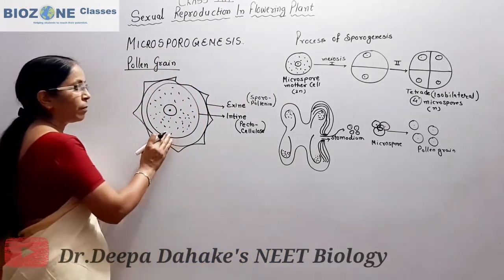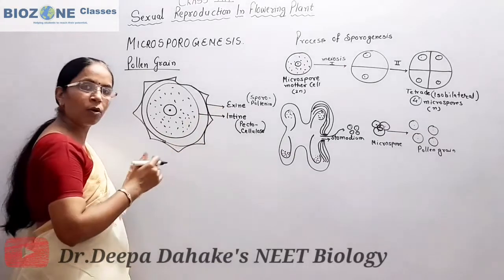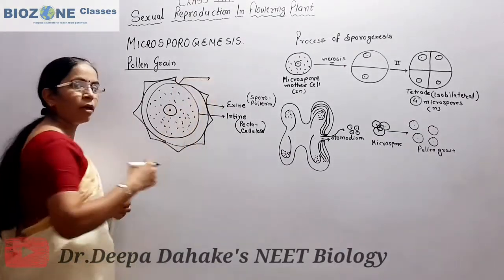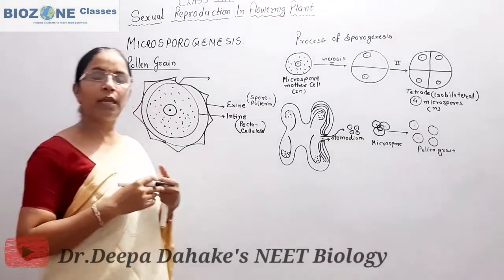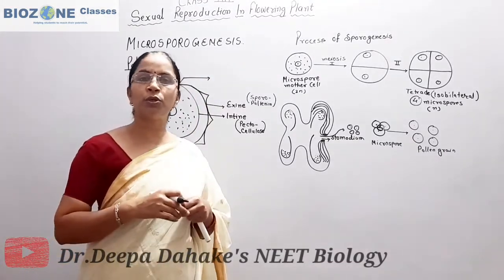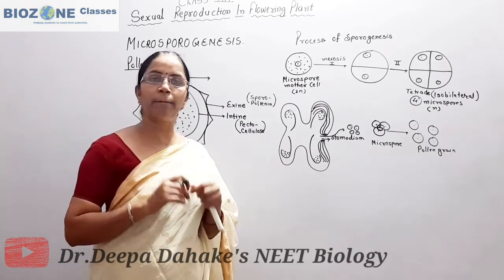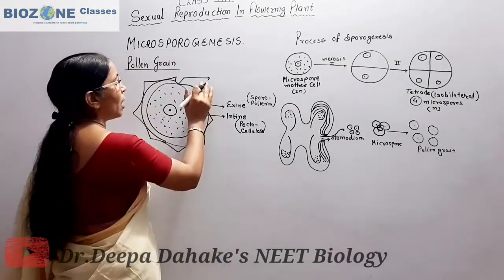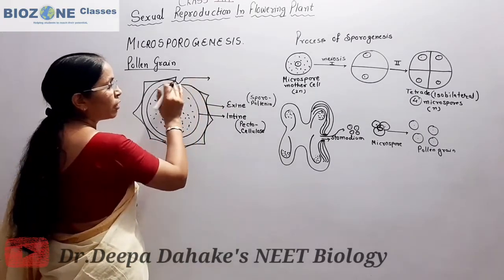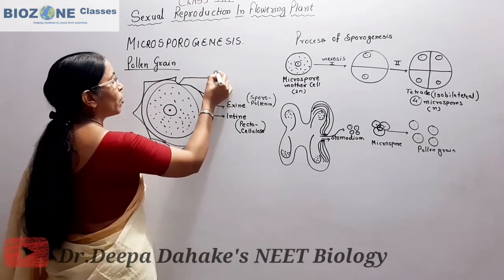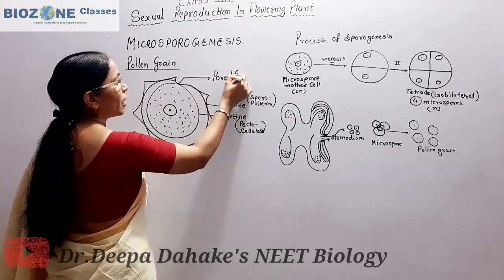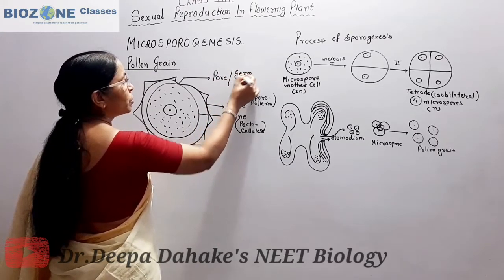Now on the exine, or outer wall, some weak apertures are present. Weak aperture means the area where the deposition of sporopollenin is completely absent. These weak apertures are commonly called pores, or sometimes germ pores.